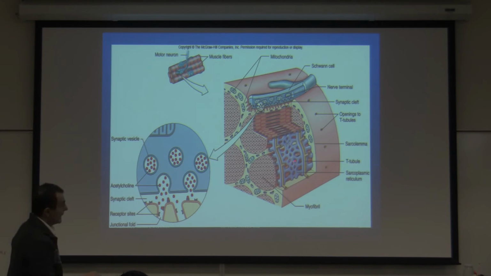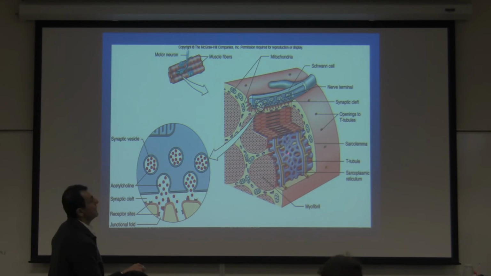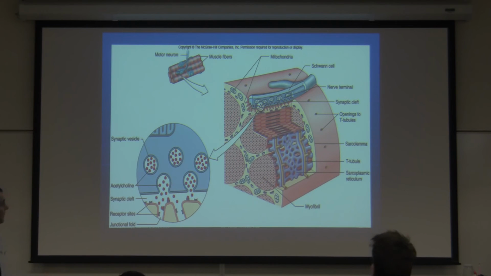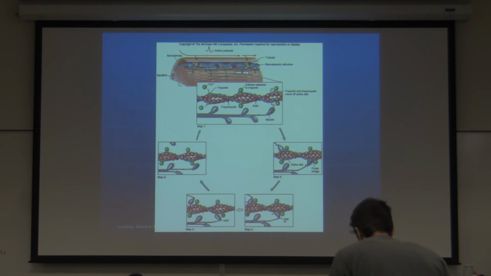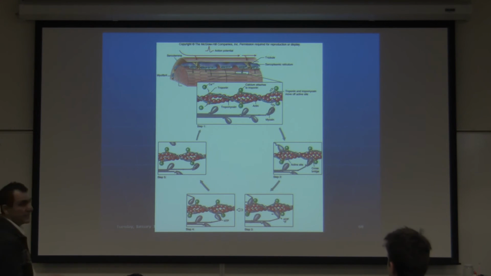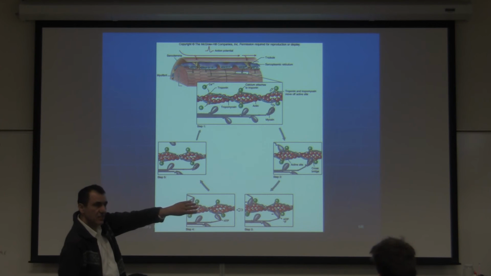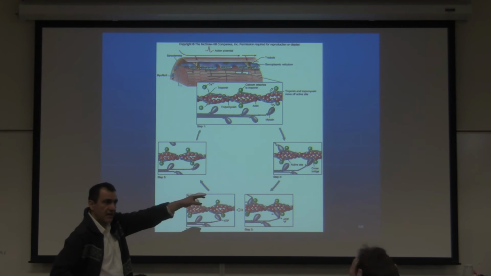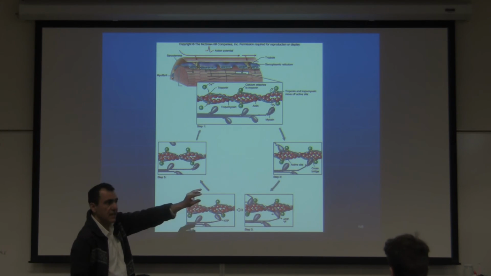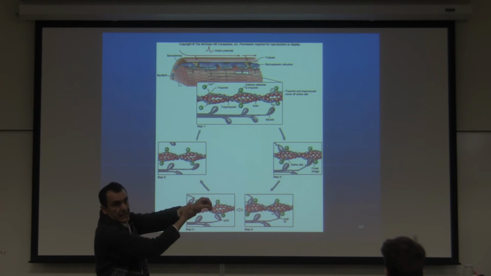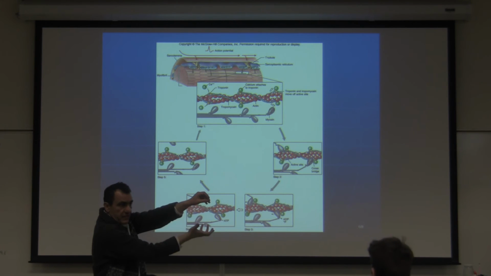When calcium is released from the sarcoplasmic reticulum, the calcium attaches to the troponin complex. When it attaches to the troponin complex, the shape of the actin changes. When the shape of the actin molecule changes, it rotates, and the head of the myosin attaches to it.